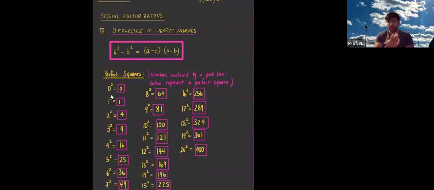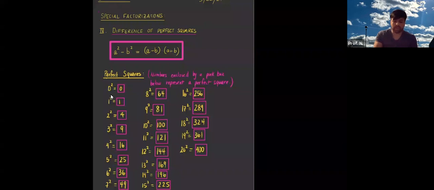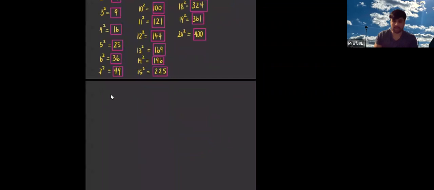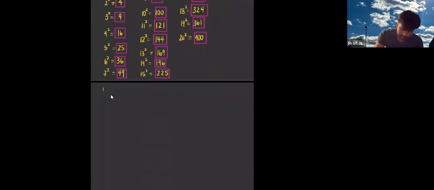So now we see all these numbers enclosed in a pink square, and we should always be able to see, okay, I know exactly what number squared gives me that number. And this will prove very helpful, especially when we have to factor the difference of perfect squares. So let's see an example in action. And of course, we'll make our way to more complex ones, but we will slowly get there.